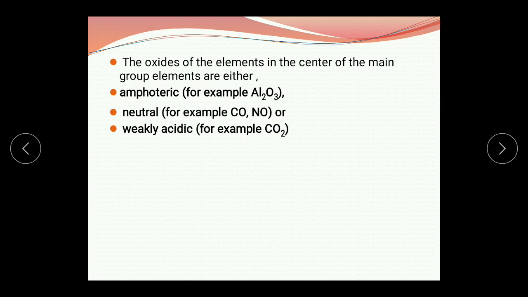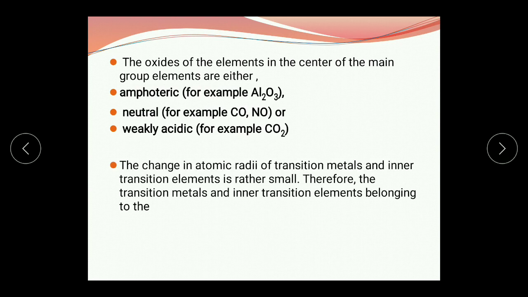Now, what about transition and inner transition elements? If we consider all the groups, the transition elements have 10 groups. If we go from left to right, there is not much change in the atomic radii, and hence the inner transition elements also have the same problem.